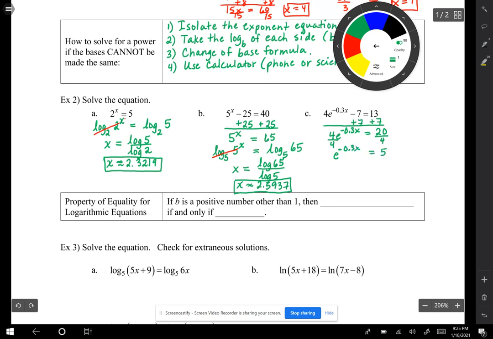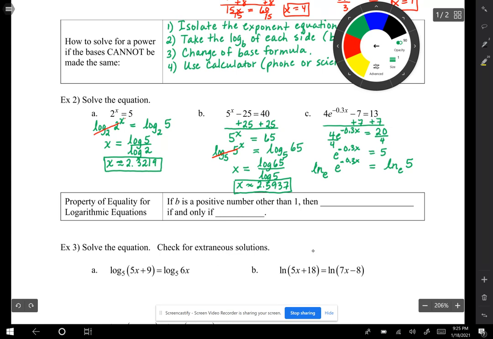Now you can't get 5 and e to be the same base, but you can take the log base e of both sides. So natural log, because remember, natural log has a base e. Take the natural log of the left side, which is e to the negative 0.3x, and do the same thing on the right side: the natural log of 5.